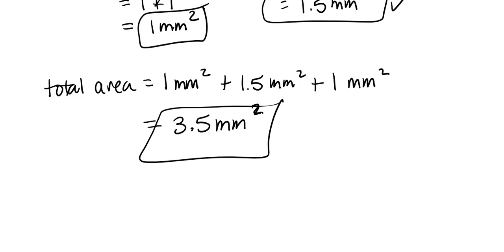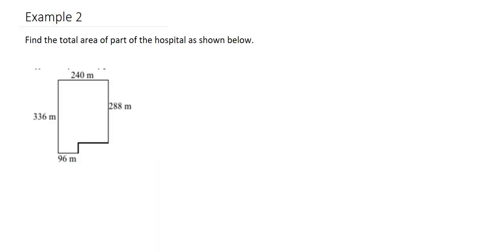Now let's look at the last example here. Example 2: we're going to find the total area of part of the hospital as shown below. So we have this top part, which is 240 meters, 336 meters, 96 meters, 288 meters. We're just missing 2 parts.